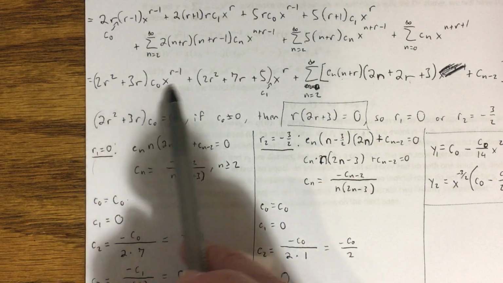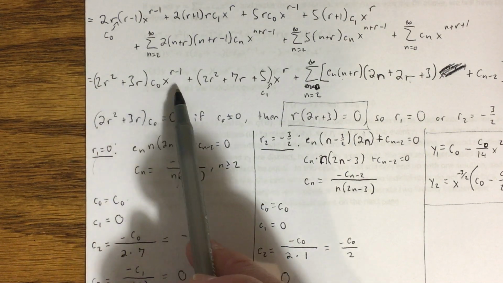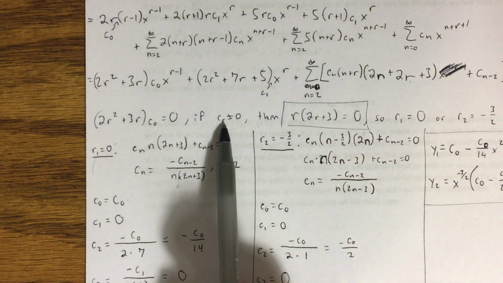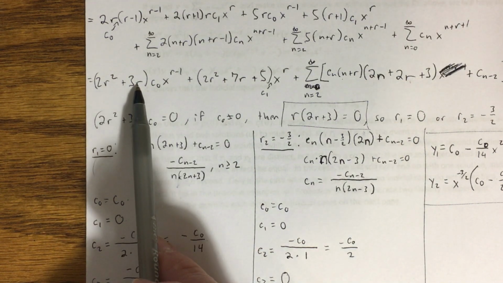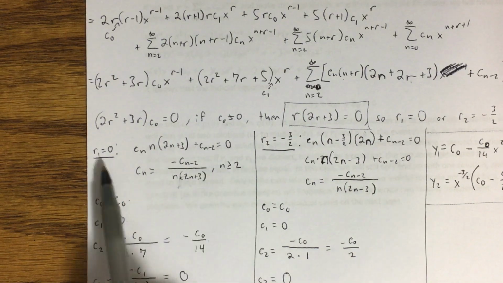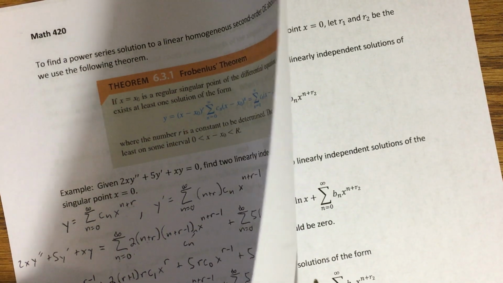So the lowest degree term will have this coefficient. It'll involve a c naught, but if we ignore the c naught because we're setting it equal to something that's not 0, and then set the rest of that stuff equal to 0, it produces this equation that gives us these two values of r1 and r2. That's called an indicial equation.